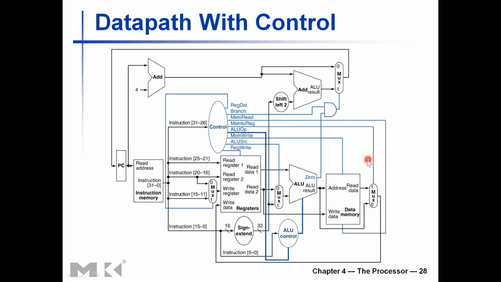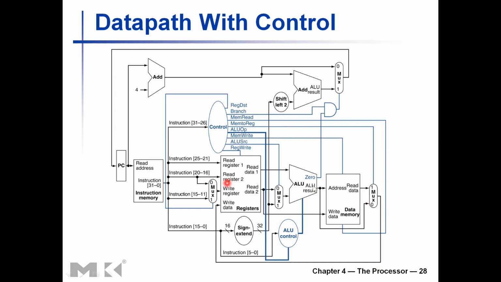So the idea is, if you are dealing with the load word instruction, you should take the data memory's data and write it to the register file. If your instruction is an R-type instruction, then the result of the ALU is your result that should be written into the register file, right?